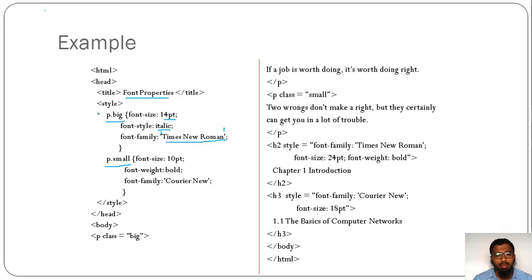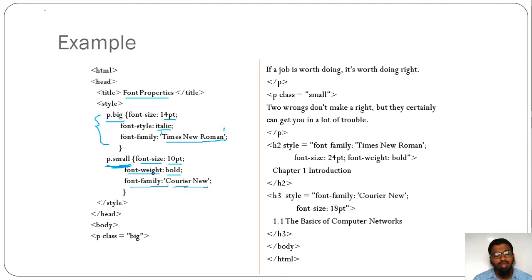So this is about p dot big. Whenever we use the paragraph and whenever we use the class big, then only it will occur. The same p tag, but p dot small. When using p dot small, the font size is 10, I am taking font weight bold, and font family I am taking Courier New.